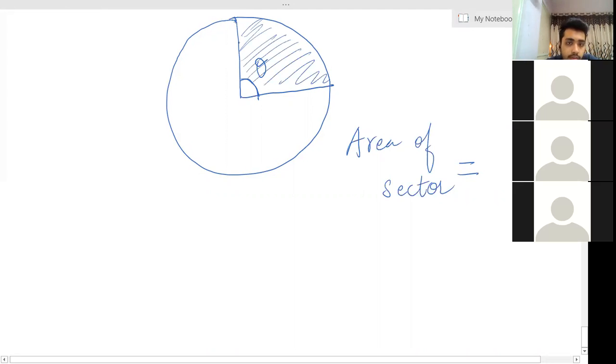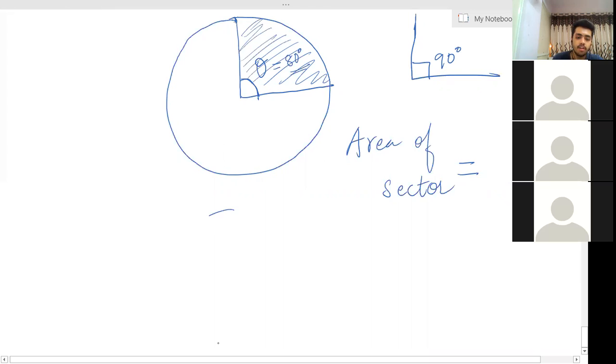That was for a quadrant. Quadrant means 4 equal parts, where theta was equal to 90 degrees. But here theta is not 90 degrees. It could be 80 degrees, 75 degrees, whatever. So it is not a quadrant. You cannot divide it by 4.